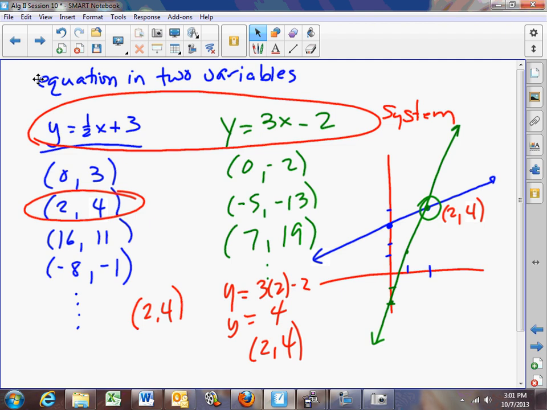There are a couple of other things that could occur. We could have two equations that actually name the same line. They look different, but they name the same line. If that occurs, then what we have is an entire line of points that are matched with ordered pairs that make the equation true.